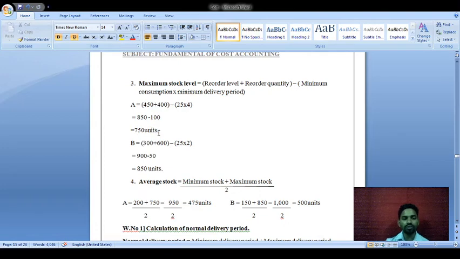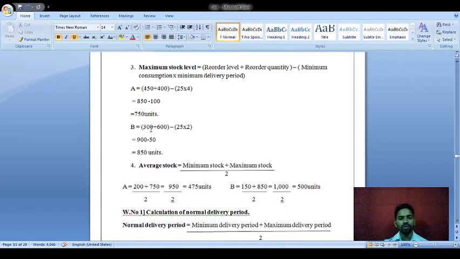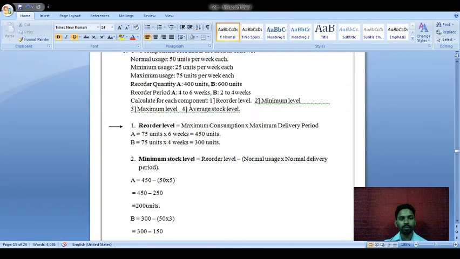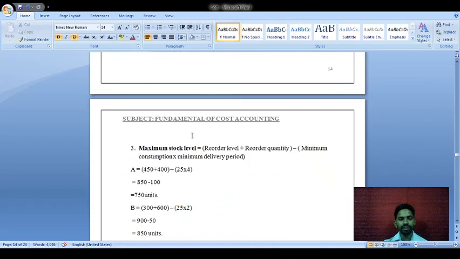Okay, like this you have to solve for the B component. Reorder level we ascertained is 300 plus reorder quantity, which in the problem is given for the B purpose as 600 units. Just see here, 600 units minus 25, which is the minimum consumption given in the problem, into minimum delivery period 2.